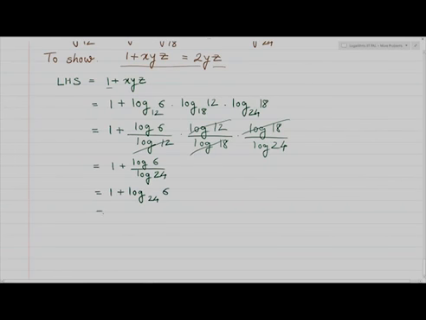Now, if I want to simplify this further, I will use the power of 1. What is 1? Since I have a base 24 here, I can write 1 as log to the base 24 of 24. So, this is log to the base 24 of 24 plus log to the base 24 of 6, which will be equal to log to the base 24 of 24 into 6.